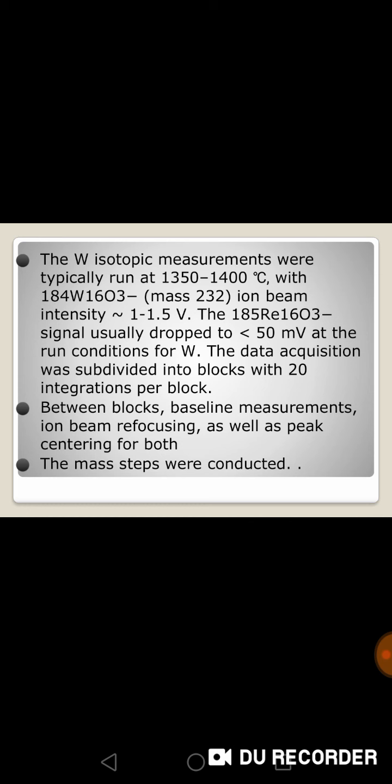The data acquisition was subdivided into blocks with 20 integrations per block. Between the blocks, baseline measurements, ion beam refocusing as well as peak centering for both the mass steps were conducted.